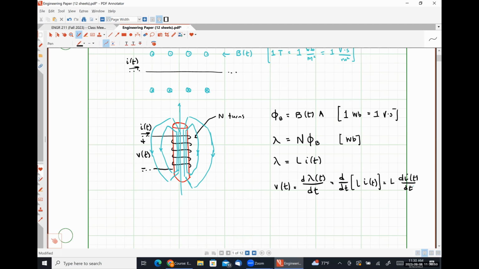Mutual inductance may not necessarily be revealed. So we have a coil like this generating some amount of flux, and that flux is able to leave the top of our coil and circle back around to the bottom of our coil.